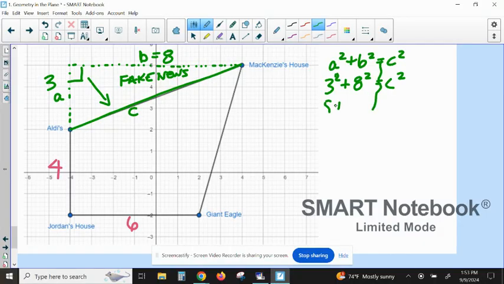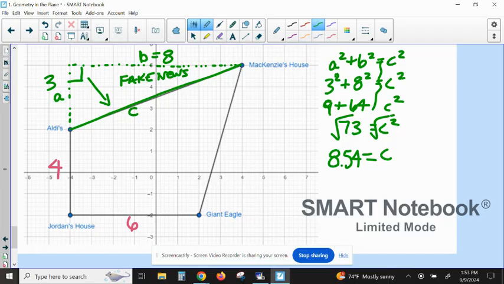This was 9 and this was 64, right? And what'd you get? 73. Okay, and then you just take the square root. 8.54. Are you guys cool? 8.54. What was after the 4? Okay, then we don't round up. If we said round to the tenths, but we're just going to round everything to the hundredths unless they tell us something else. 8.54 is that length, right?